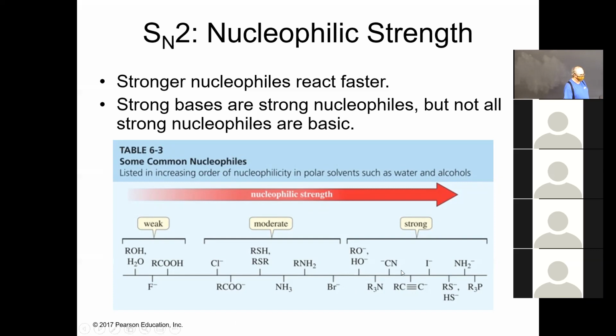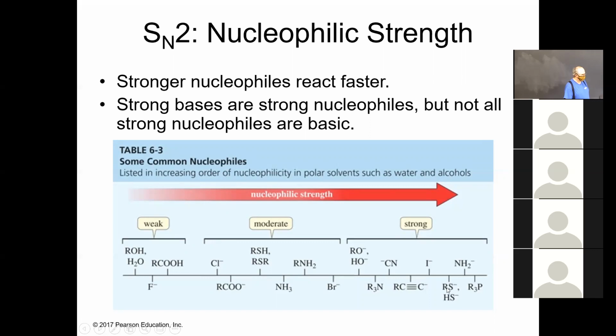Iodide, even though it's a weak base, is a very good nucleophile because we can distort and polarize the electron cloud. This one with the triple bond and the C minus, that's called an acetylide ion. That's a very strong nucleophile.